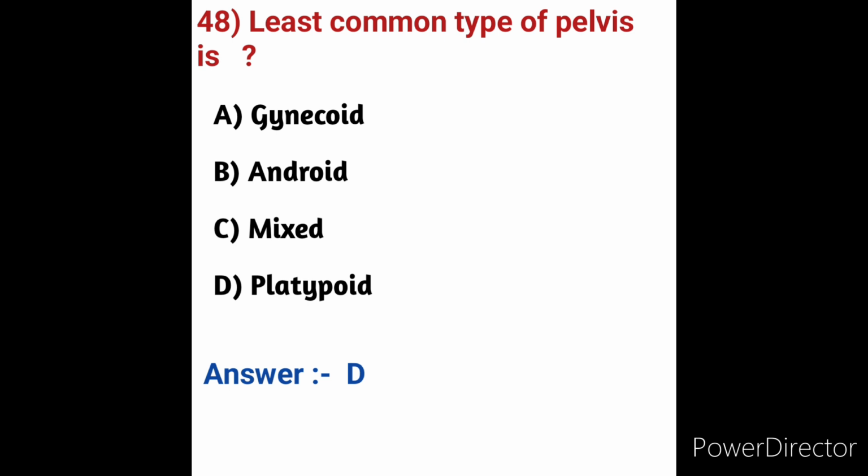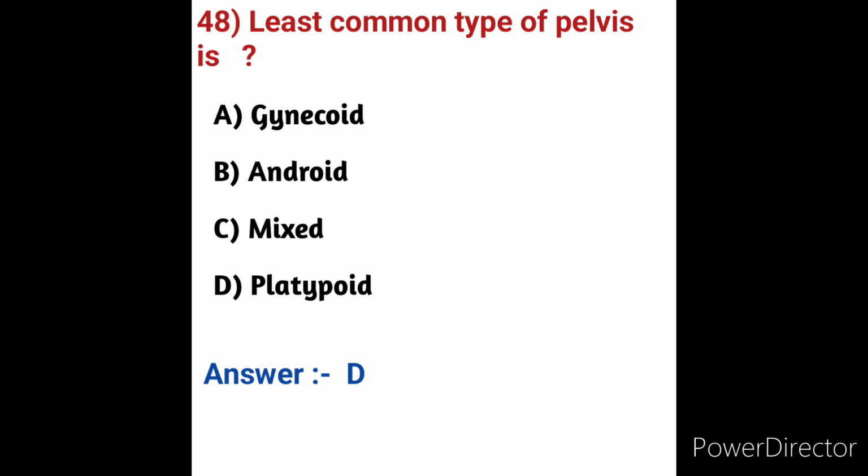First, option A, gynaecoid pelvis, is seen in 50% of cases. Gynaecoid pelvis is characteristic of women, having a rounded shape typical of the human female. Option B, android pelvis, we can see in 20%.